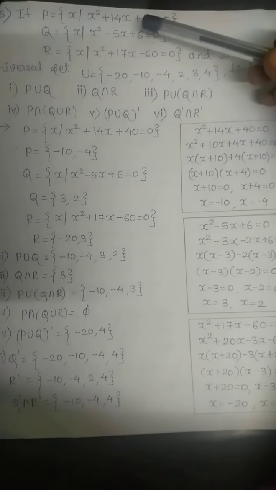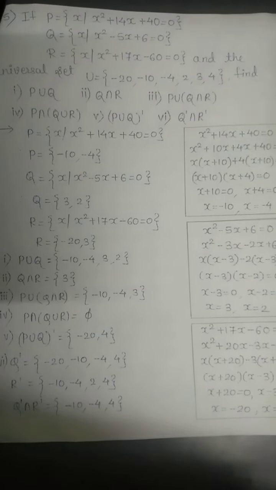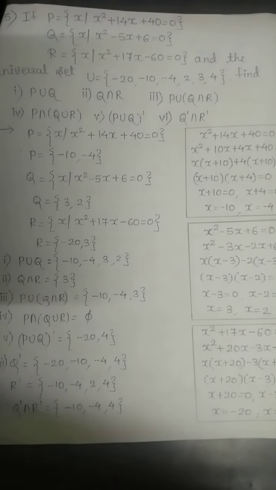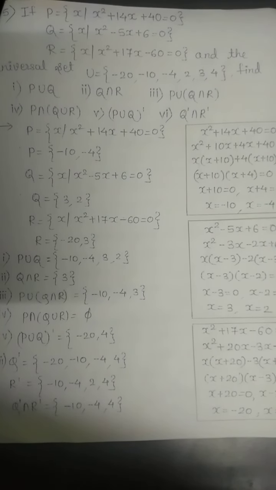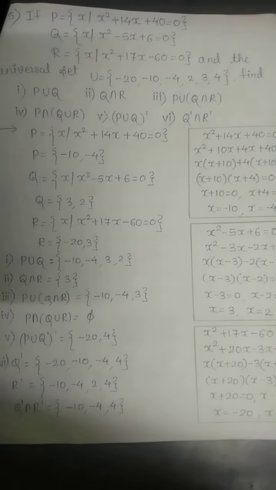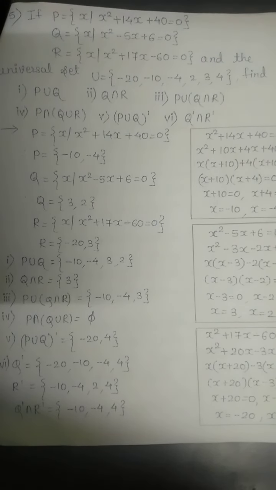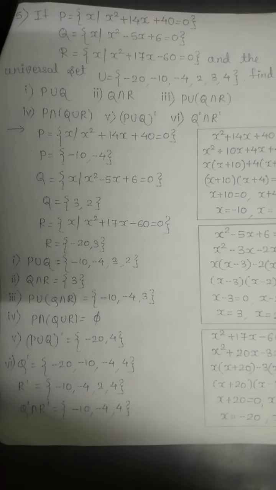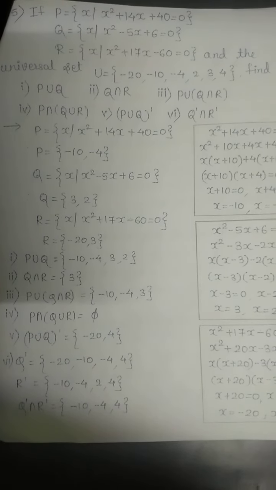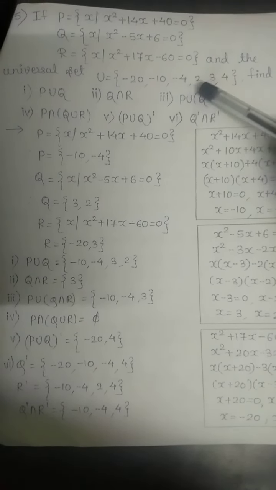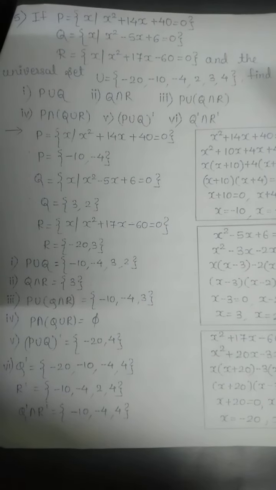If P is equal to the set of all x such that x square plus 14x plus 40 is equal to 0, Q is equal to the set of all x such that x square minus 5x plus 6 is equal to 0, and R is equal to the set of all x such that x square plus 17x minus 60 is equal to 0, and the universal set U contains the elements -20, -10, -4, 2, 3, 4, we require to find values of all this.